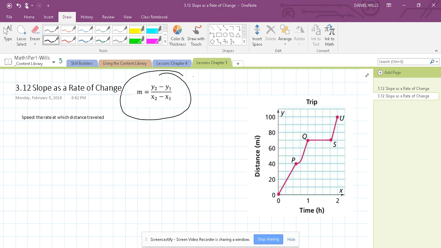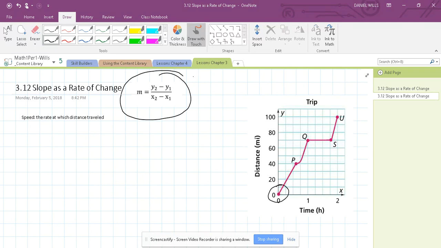And if you're going to take the average speed for an entire trip, you need only the start point and the end point. And if you're ever driving anywhere, your start point is going to be at 0, 0, down here.